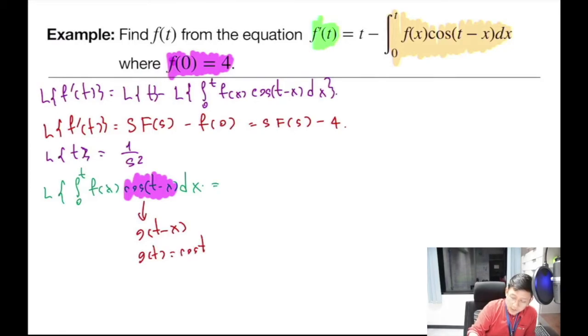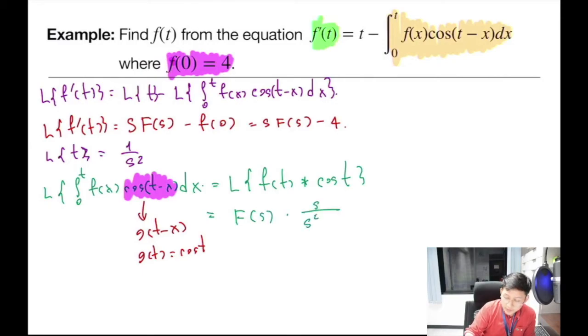So this is the same as the Laplace transform of the convolution of f(t) and cos t. And that is the Laplace transform of f(t), which is F(s), times the Laplace transform of cos t, which is s divided by s squared plus 1.